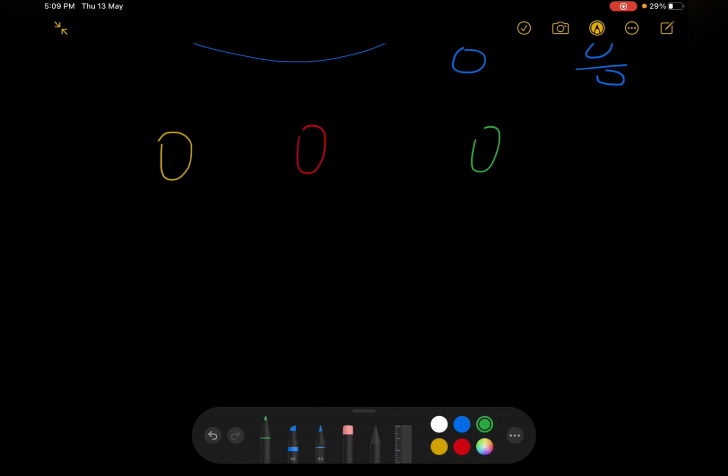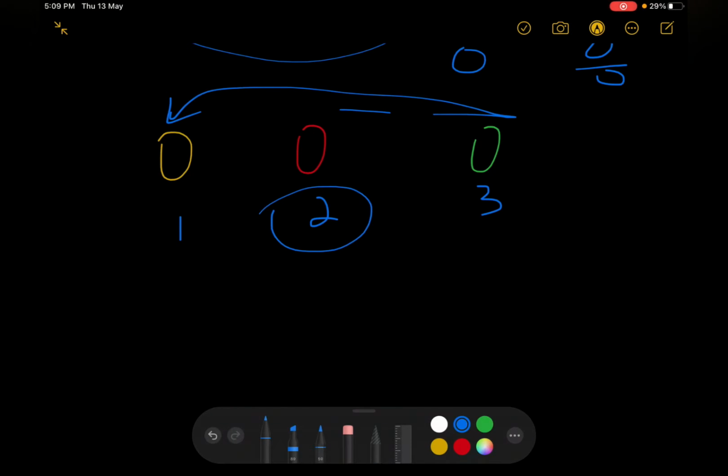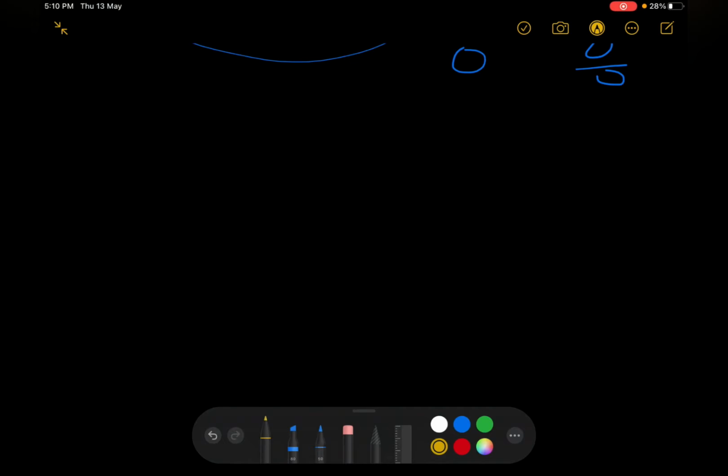If the yellow person always comes first in the race, and this person always comes second, this person always comes third, for any occurrence that these two are the same, then this middle one will be the same as well.